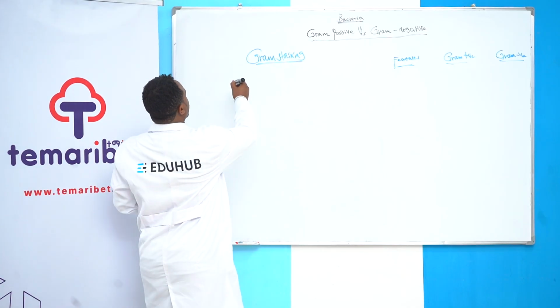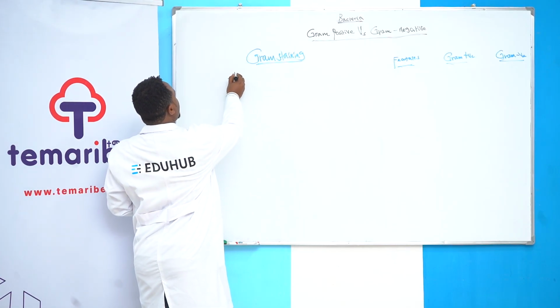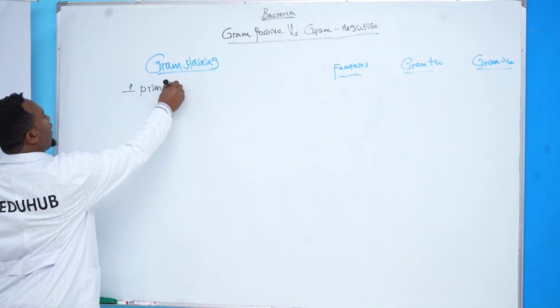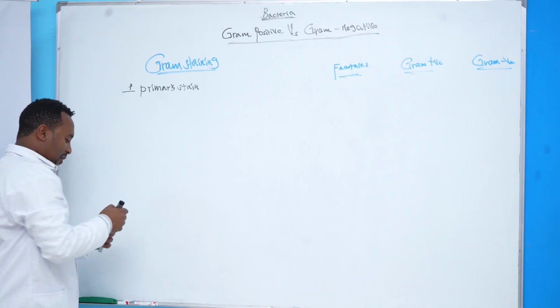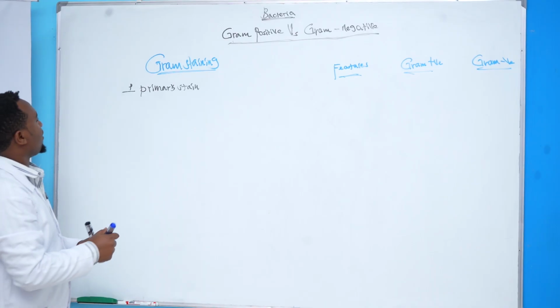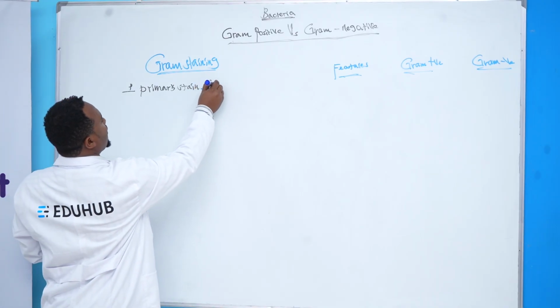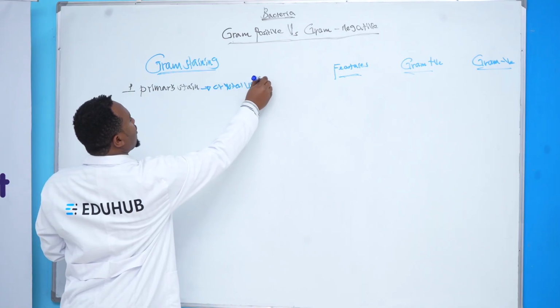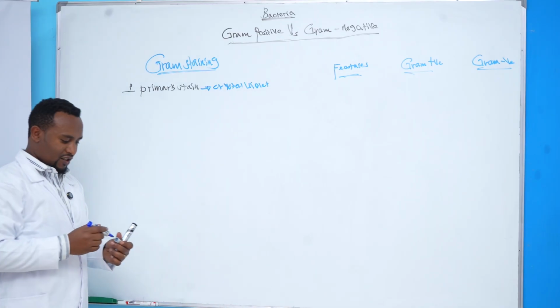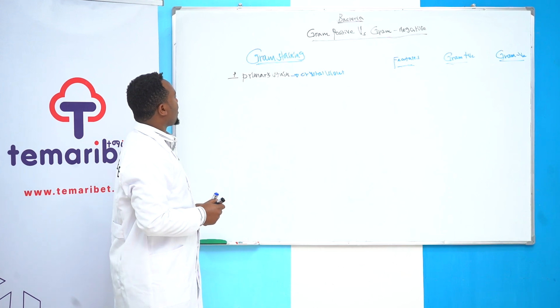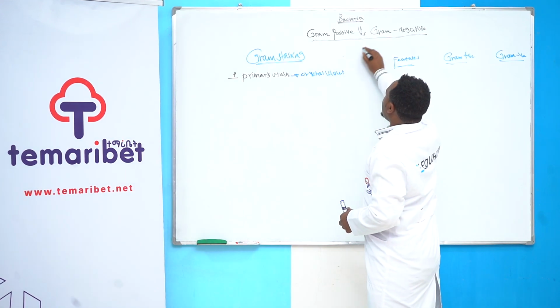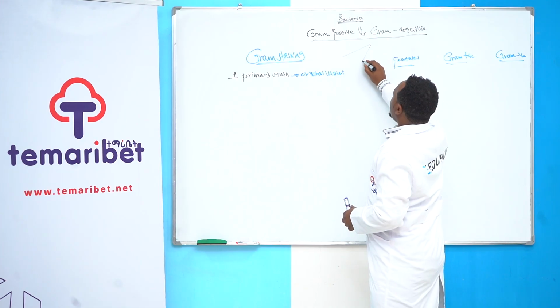The first stage in gram staining is the primary stain. In the primary stain, we add crystal violet to the sample of the bacteria. Before adding the crystal violet, we have to fix the bacteria on the microscope slide.